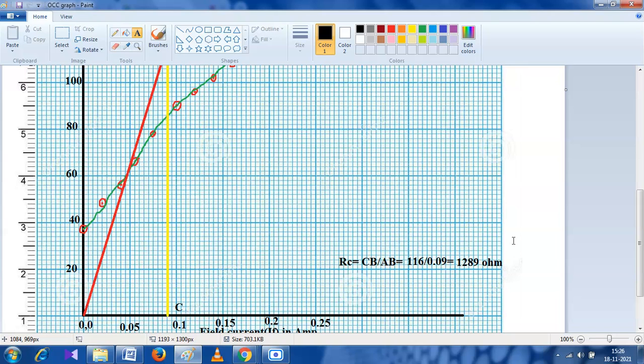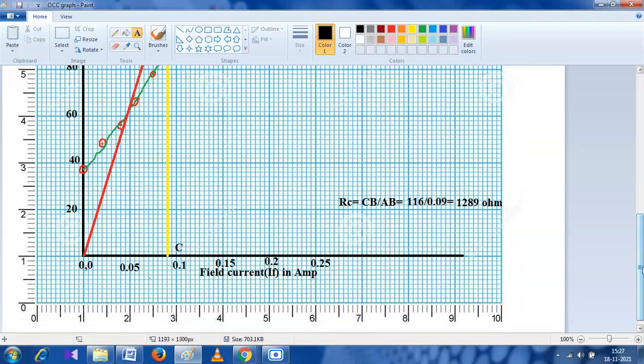And in nameplate, we see that the value of field current is 0.28 and the value of rated voltage is 220. That means if we supply 220 volts and the rated current is 0.28, then tell me what is the value of field resistance.